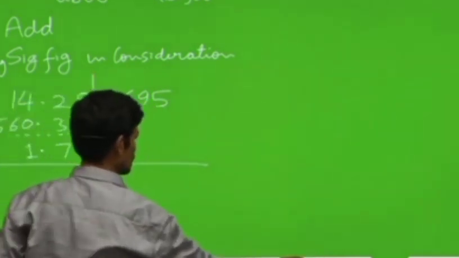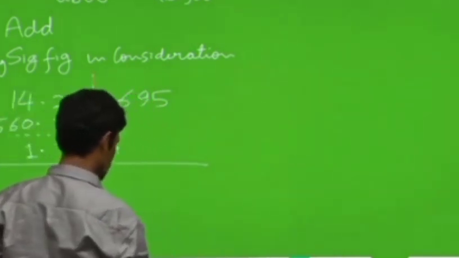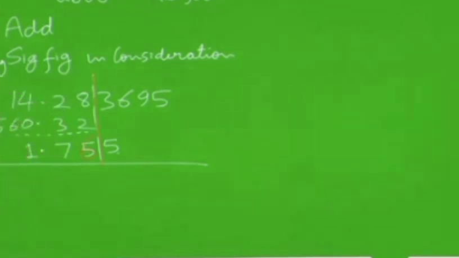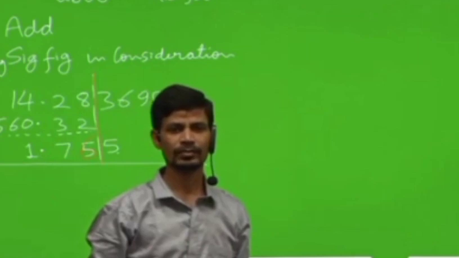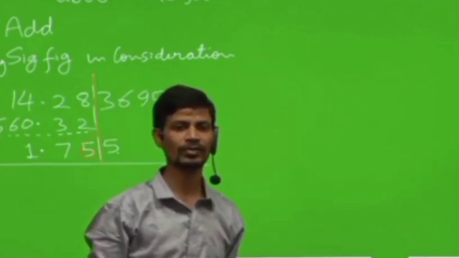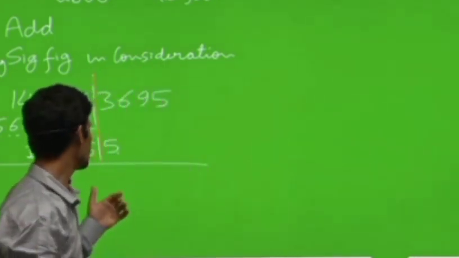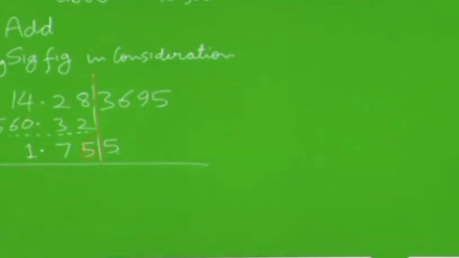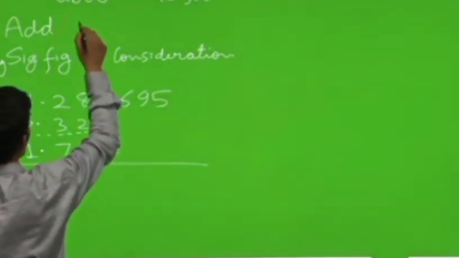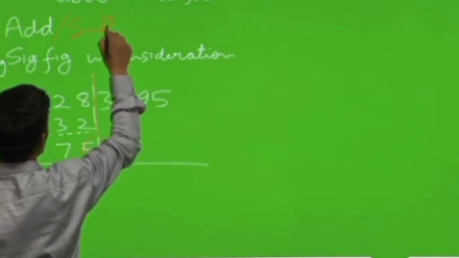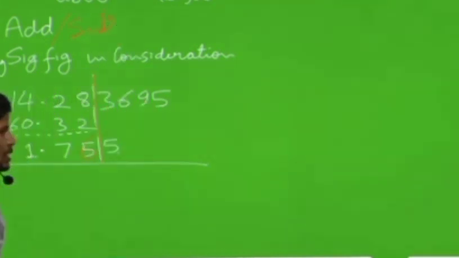You have to be careful about this, because in some questions they can give some decimal numbers up to very large values. So you have to find the least number of decimal places for addition as well as for subtraction also. Subtraction can't be of 3 numbers, so it will be of 2 numbers. So I'm not giving an example of that. That will be done accordingly, with the least number of decimal places.